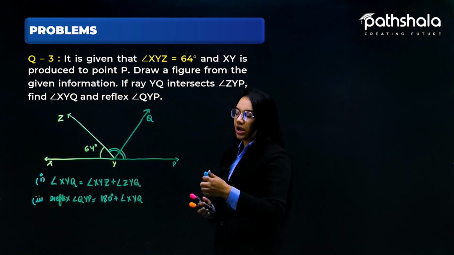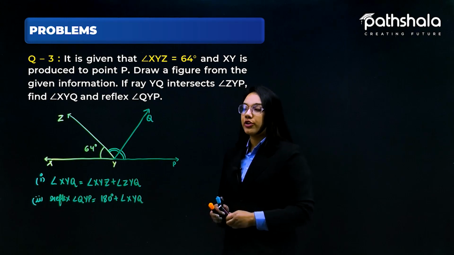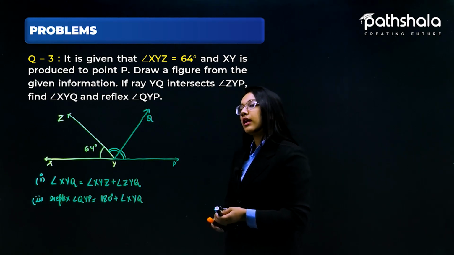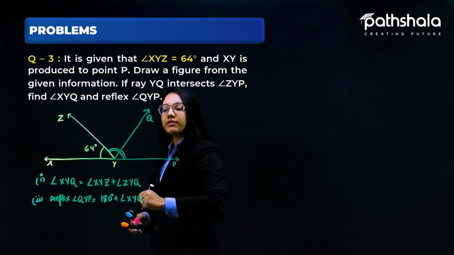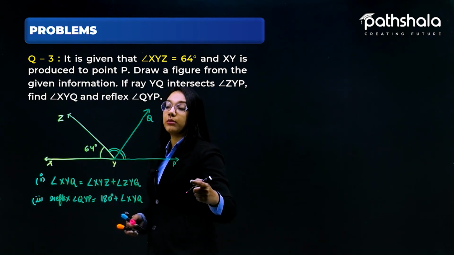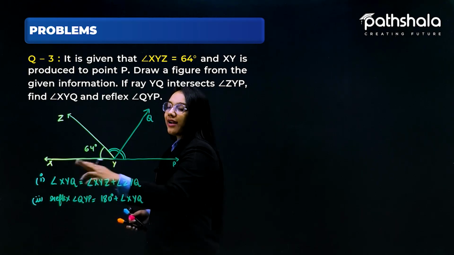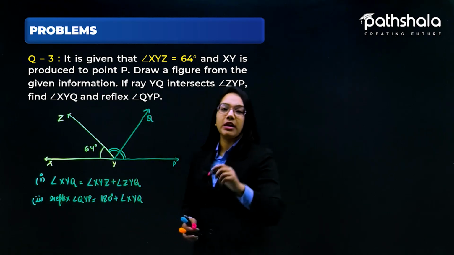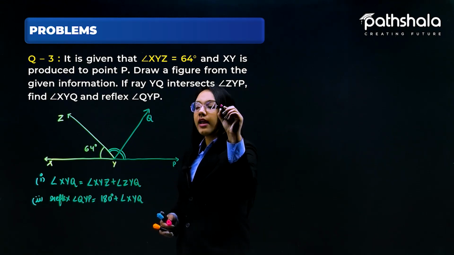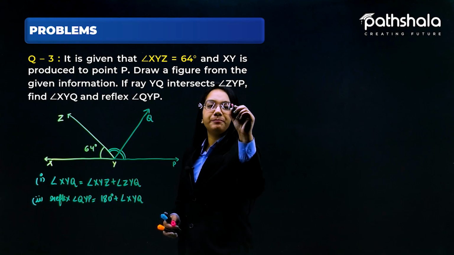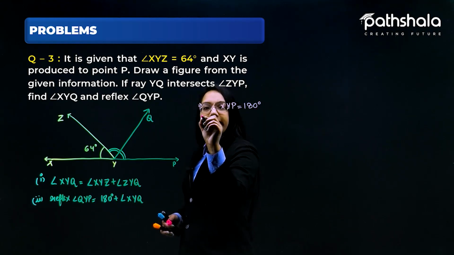First, we start with the very first part, since we have to find the angle XYQ. What can we say about the whole angle, which is XYP? Let's start with the straight angle XYP. First of all, we can say that the angle XYP is 180 degrees.